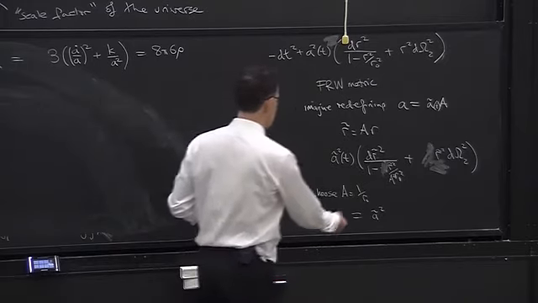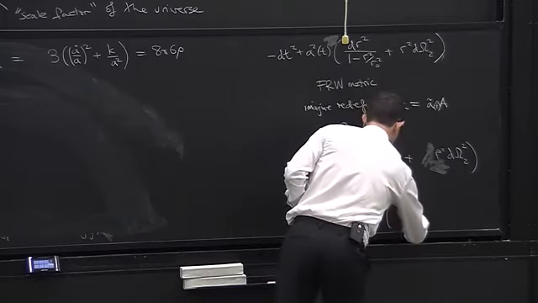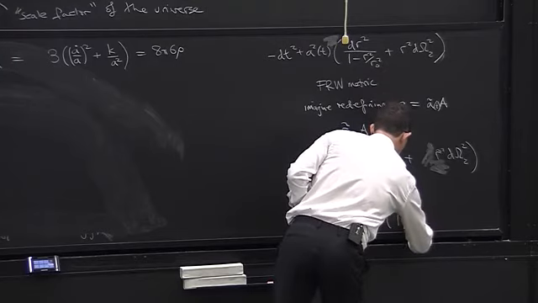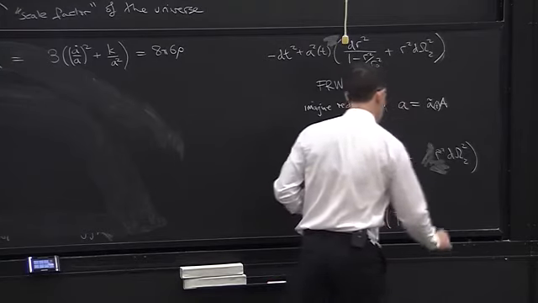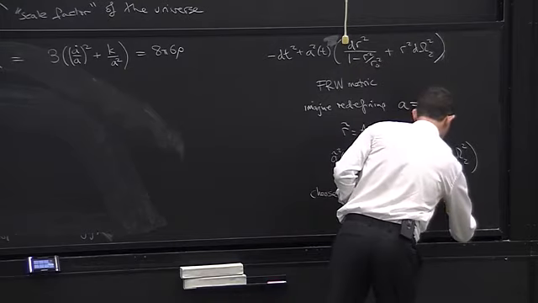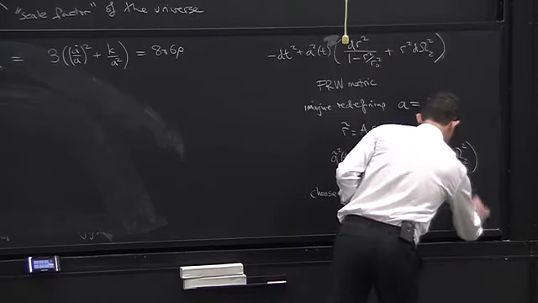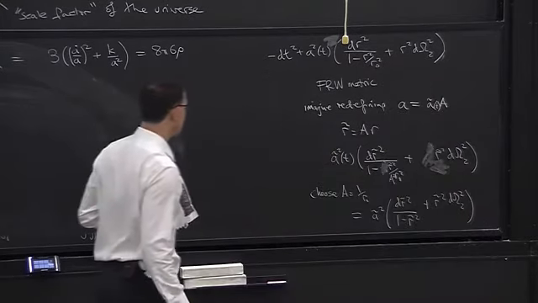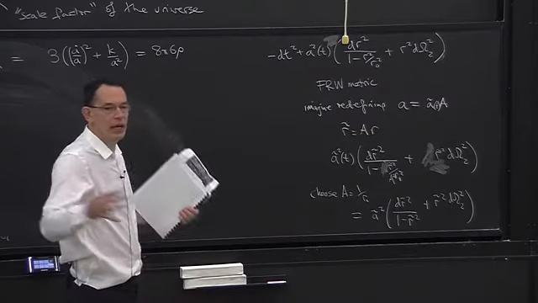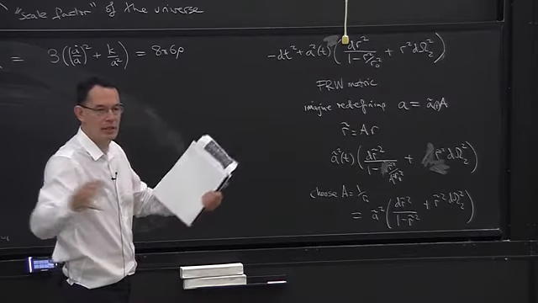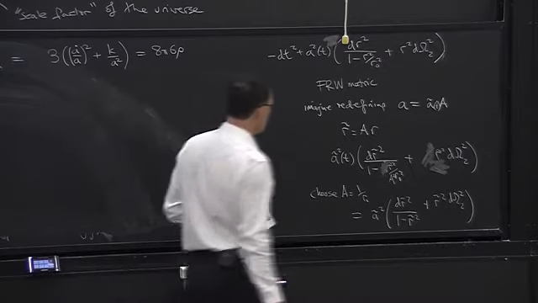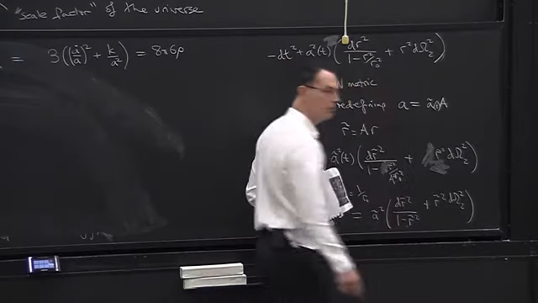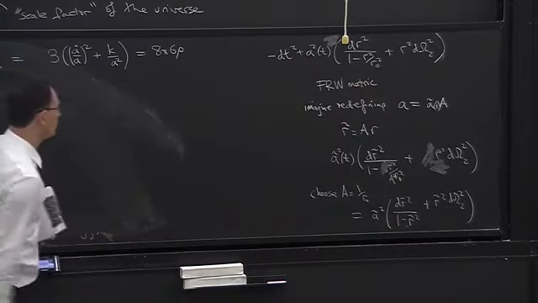Choose A to be 1 over R0, and now I have dr twiddle squared over 1 minus R twiddle squared plus R twiddle squared d omega 2 squared. Okay, so I just rescaled radius. That's all I did. I rescaled the radius, and you notice when I did that, I set R0 to 1.